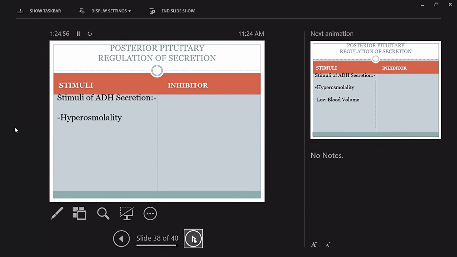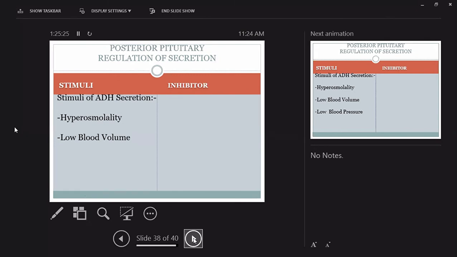Stimuli of your ADH secretion. Hyperosmolality. That means more solute, okay? Low blood volume.